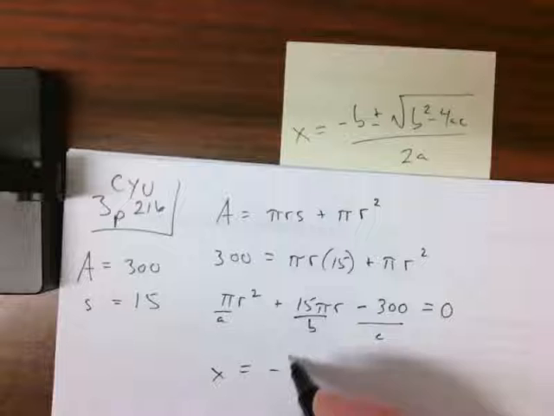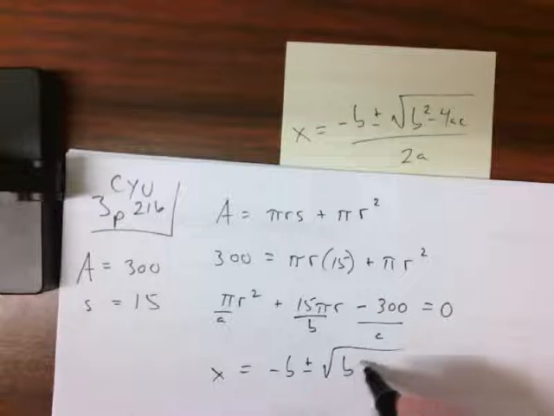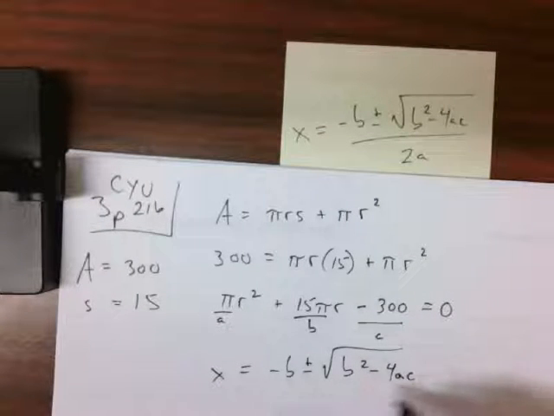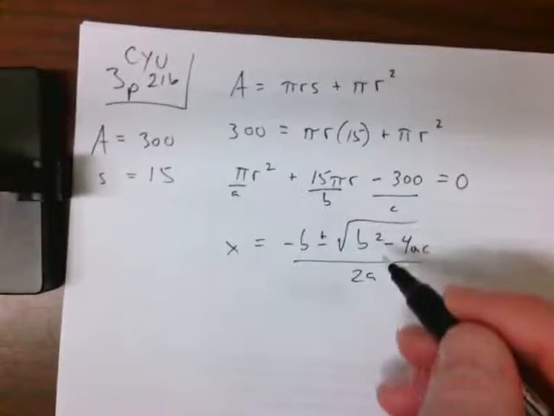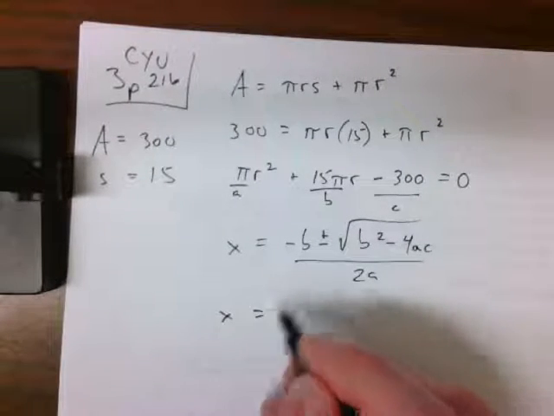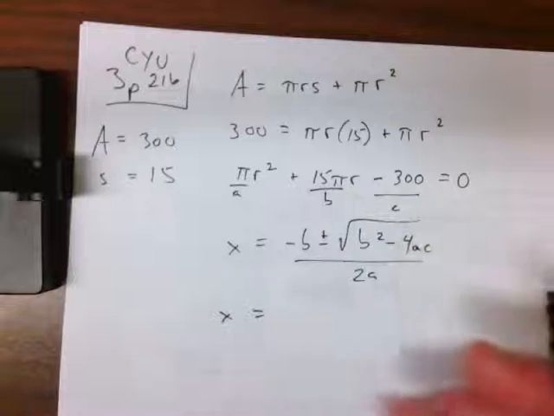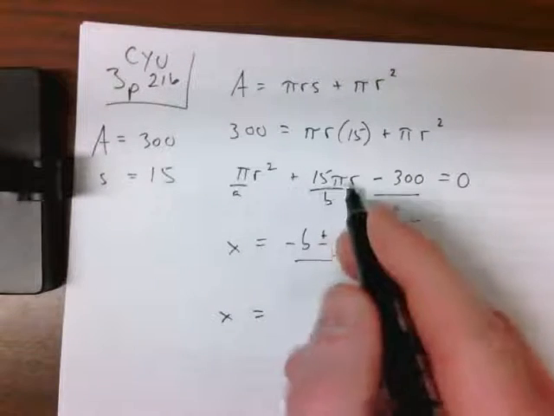So x equals negative b plus or minus the root of b squared minus 4ac all over 2a. So now I'm going to plug in what I have here. Negative b. B is 15 pi.